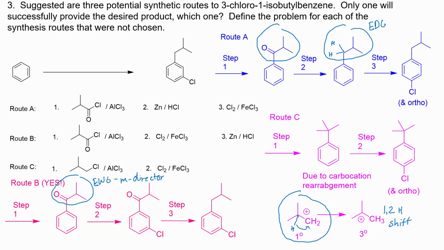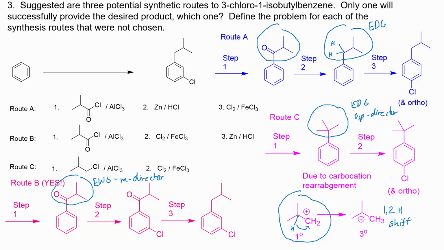And it's also going to fail in step 2 because regardless of whether it's T-butyl or isobutyl up here, it's going to be an electron donating group or an ortho-para director.